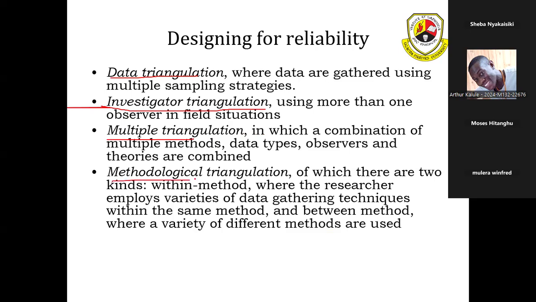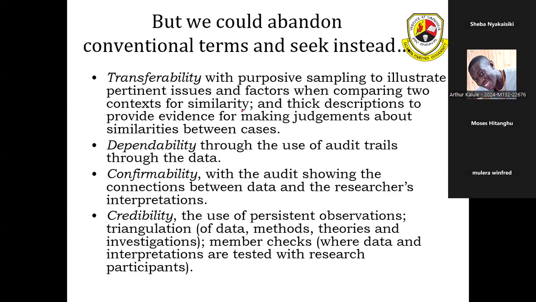And methodological triangulation. If you can use more than one method, well and good, but this can be expensive and time consuming. So you may want to consider using multiple data collection tools. If you can use another observer, well and good. But those would try to cover up for generalization in qualitative research.